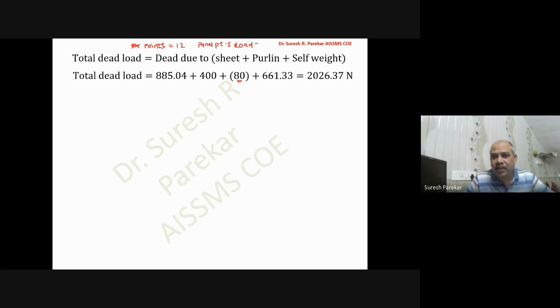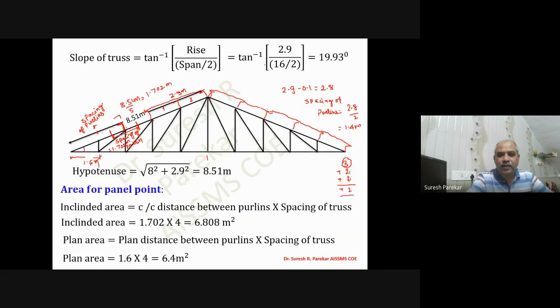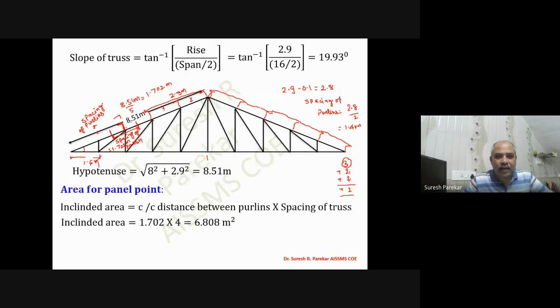Why we consider it as 10, we have already seen over there. I can go again and explain it. We have 1, 2, 3, 4, 5, 6, 7, 8, then 9, and then half on this we have 10.